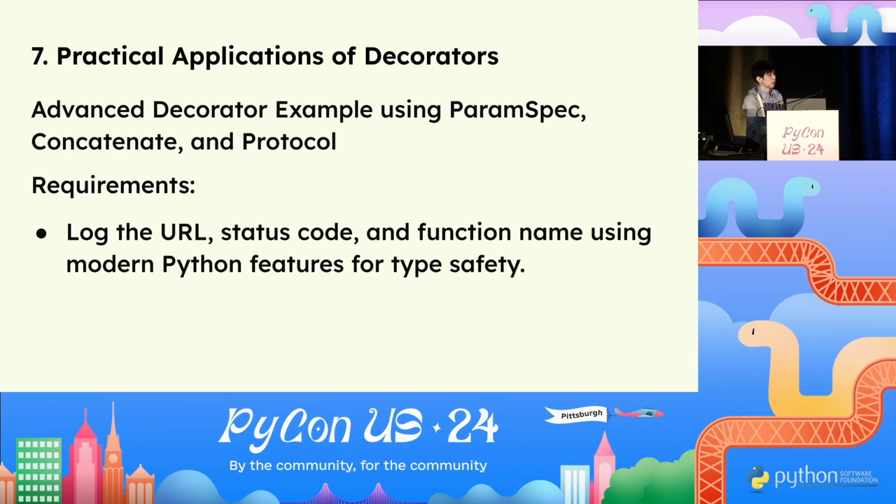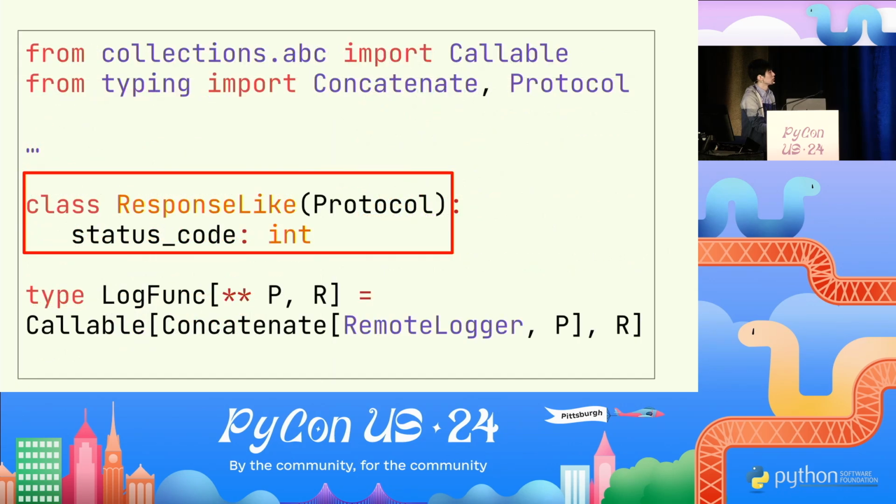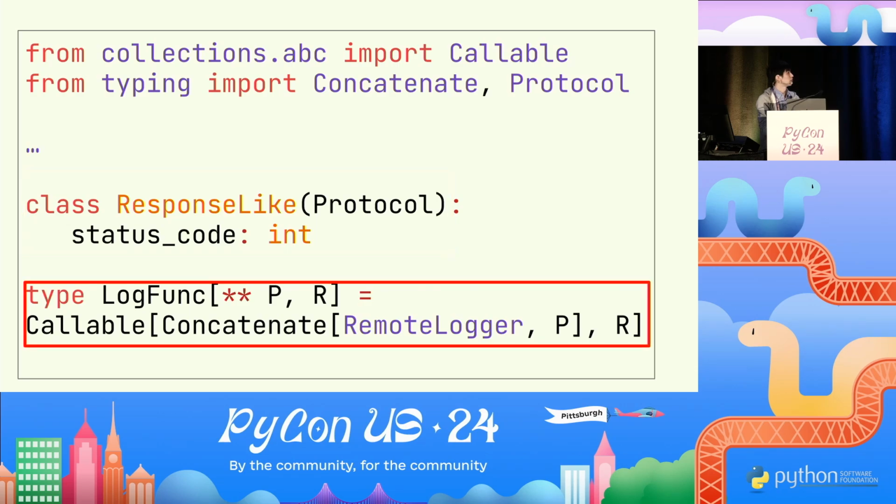Okay, let's apply everything. We run it all, and we have already applied everything, so let's check one by one. First, we define a response-like object for the status code with int, and we can define the new type with the type keyword as generics.